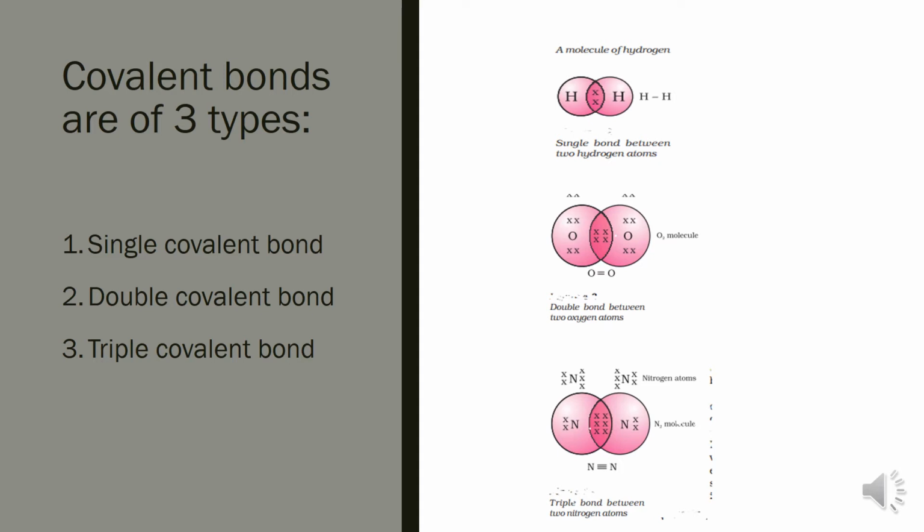We can say that a single covalent bond is formed by the sharing of two electrons between the atoms, and each atom contributes one electron for sharing. Now just see the example of hydrogen.